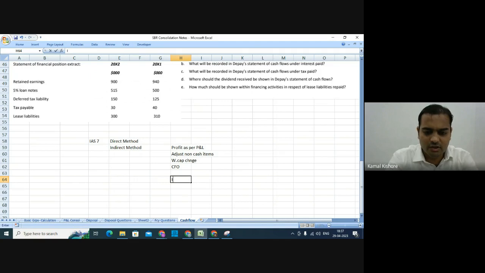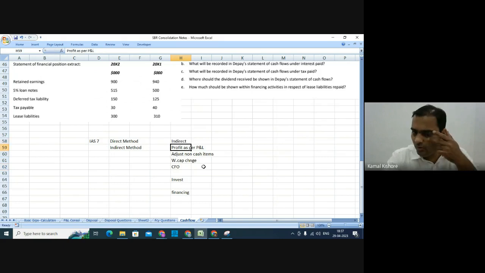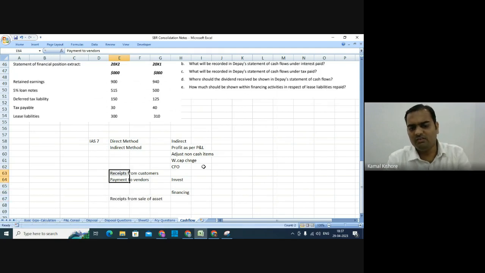Then you have investing activities, then you have financing activities. Now this is the indirect method, because you are starting indirectly with profit as per P&L. In the direct method, you show receipts from customers, payment to vendors, receipts from sale of assets, etc. These are the things relating to P&L.